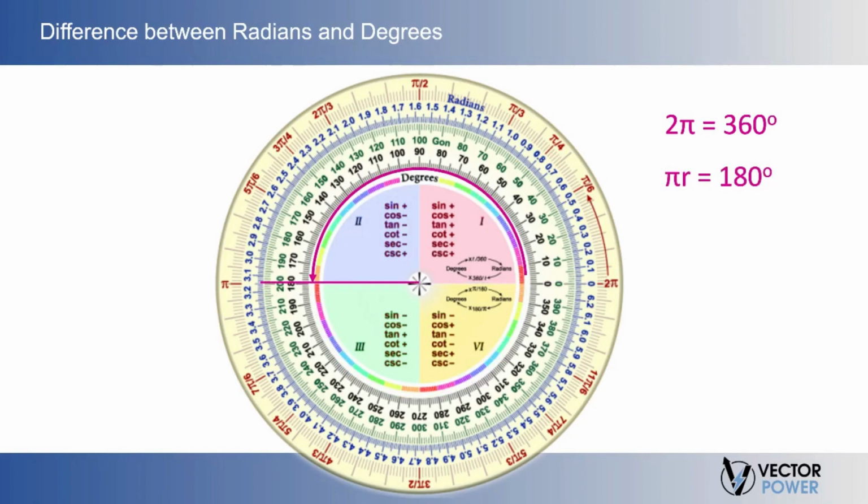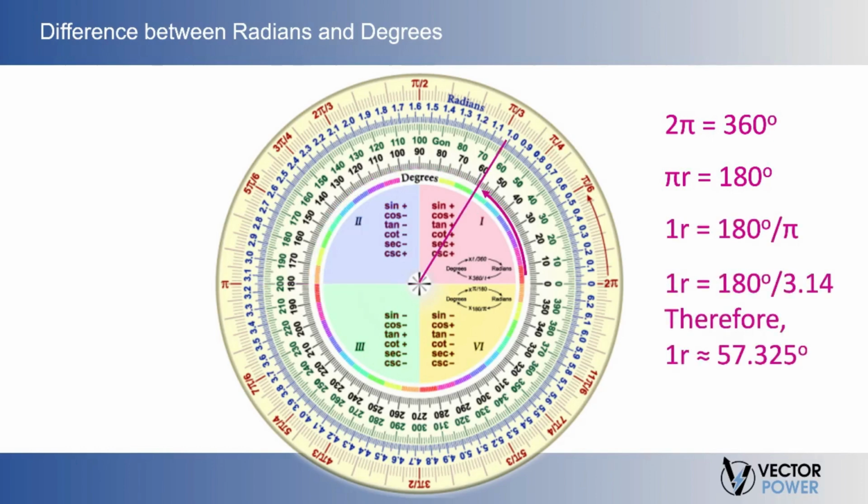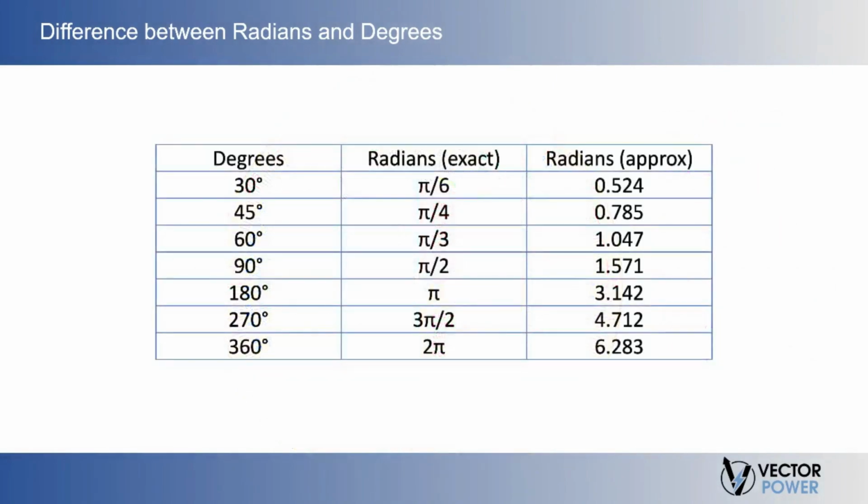Pi r would then equal 180 degrees. 1r equals 180 degrees divided by pi, and 180 degrees divided by 3.14 gives us 1r equals approximately 57.325 degrees. This can be used to convert between radians and degrees. However, this table can help with some of the more common conversions.